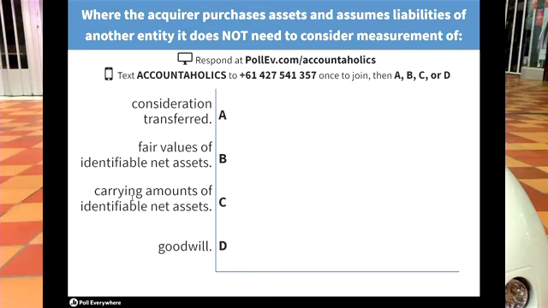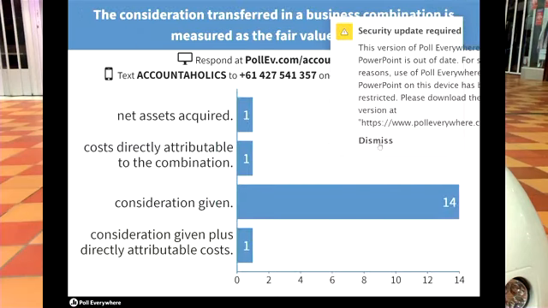C is carrying amount of identifiable net assets. Carrying amount, no matter how much it is, we don't care. We will do the fair value assessment, then we will determine the fair value of identifiable assets and liabilities. So C is the one we don't need to consider. You get that, right? Hopefully. Okay, let's see this one.